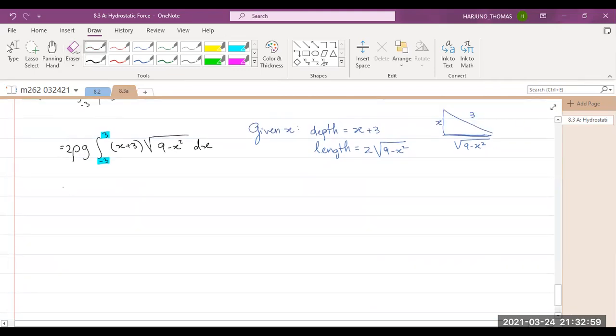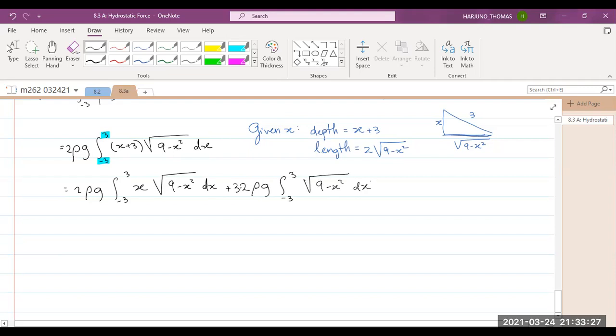If you split this, it is 2 rho g integral from negative 3 to 3 of x square root of 9 minus x squared dx. That's an odd integrand. Plus 2 rho g times the integral from negative 3 to 3 of 3, which I can just move out, square root of 9 minus x squared dx.